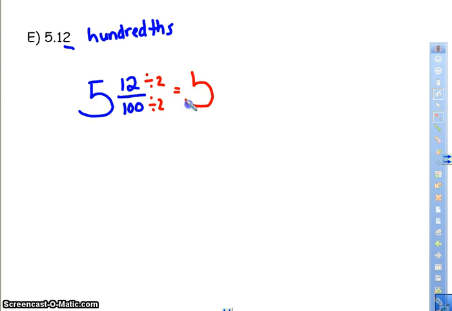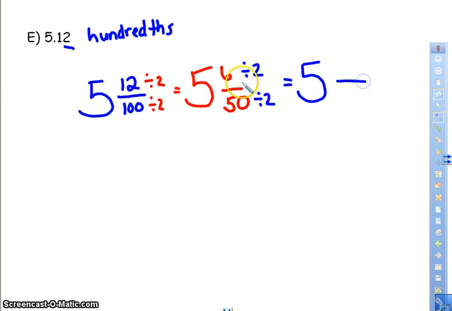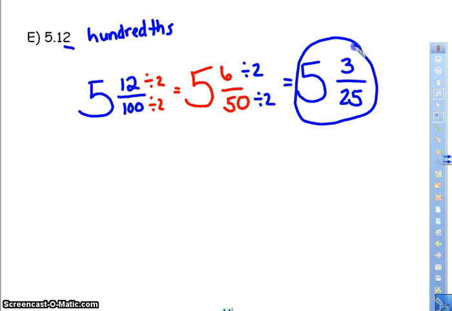There is a bigger number, but a lot of people just want to get those evens out of the way. So 12 divided by 2 is 6. 100 divided by 2 is 50. And I'm not yet done because I still have even numbers, so I'm going to divide by 2 again. Write that 5 every single time so you don't forget it. 6 divided by 2 is 3. And 50 divided by 2 is 25. So 5 and 12 hundredths can be written as 5 and 3/25.